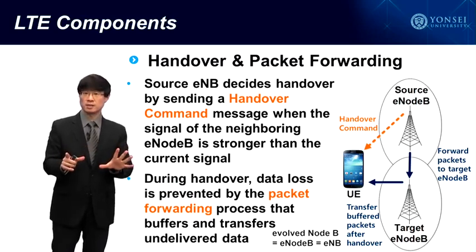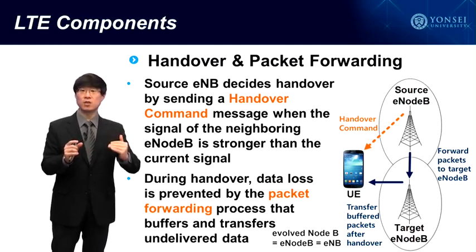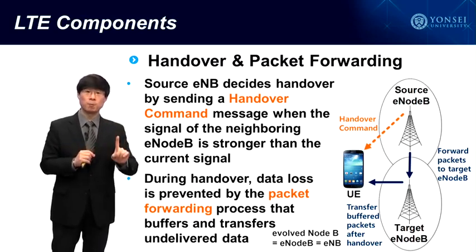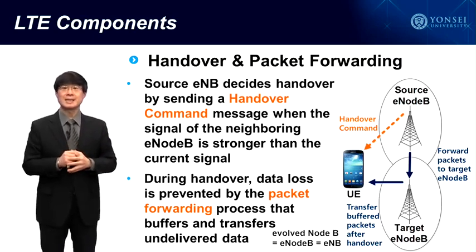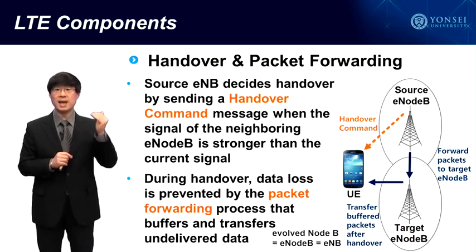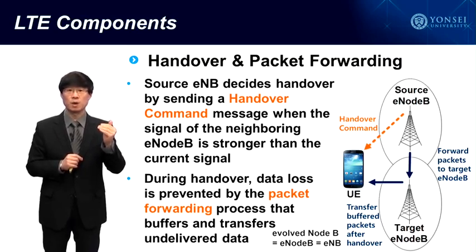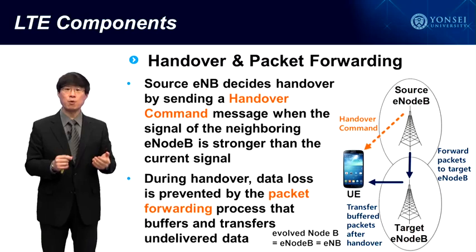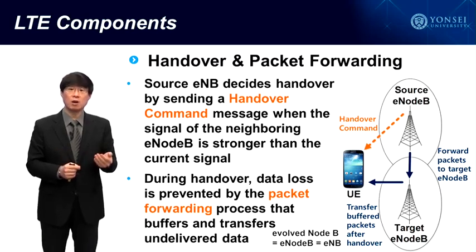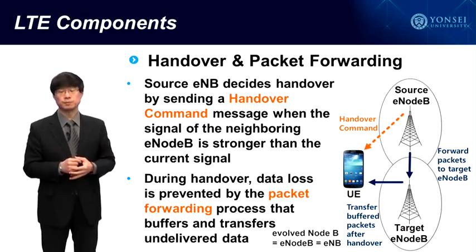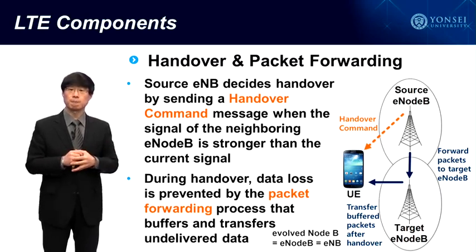Now in this process, as I move from one cell to another and handover occurs, the source eNode B decides handover by sending a handover command message when the signal of the neighboring eNode B is stronger than the current signal. So in other words, it's like this.